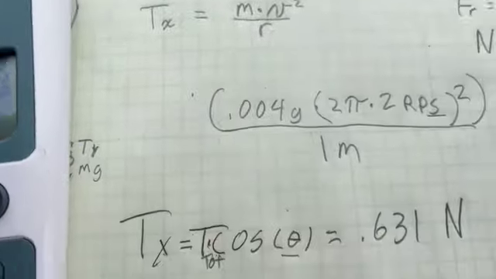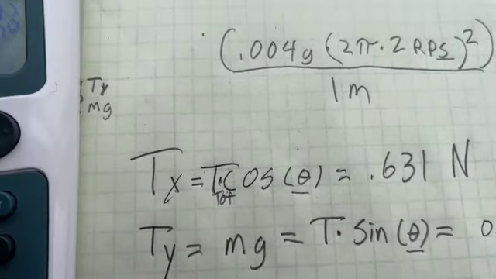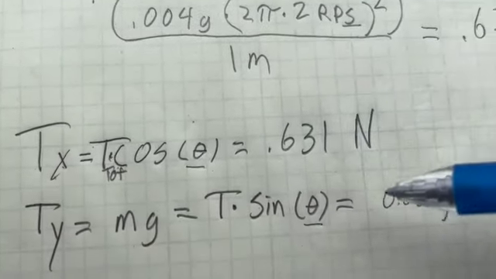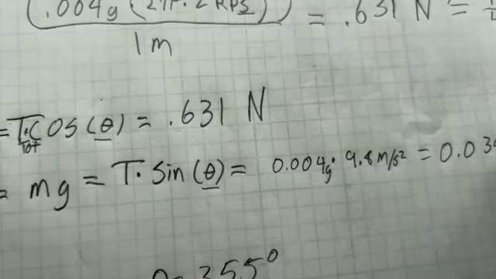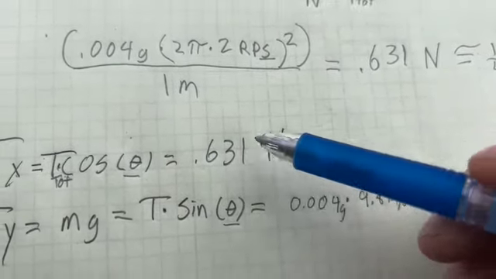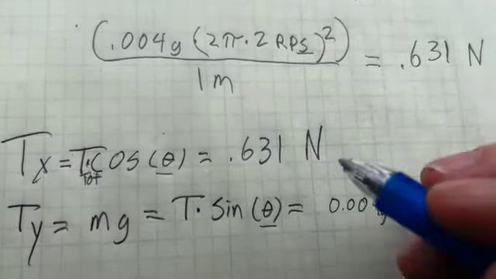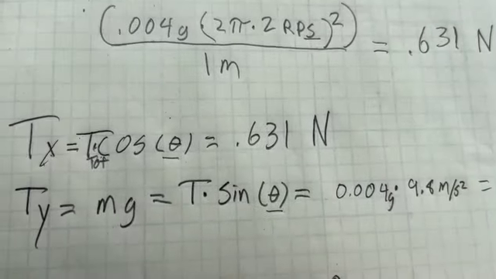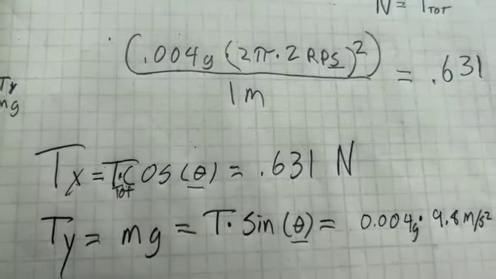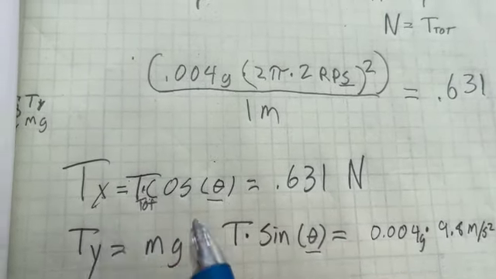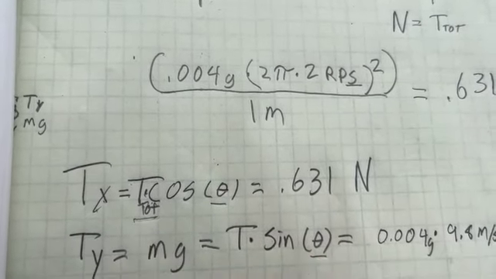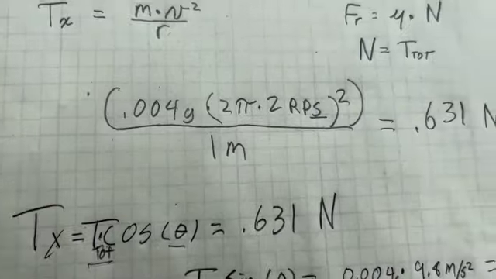Now, this is great. So now we have a way to verify if this is correct using this. And we have a way of verifying if this is correct using this. So we can confirm all of our answers with this right here, right? So first of all, we've got to figure out what the T total is. It's a real easy way to do that.